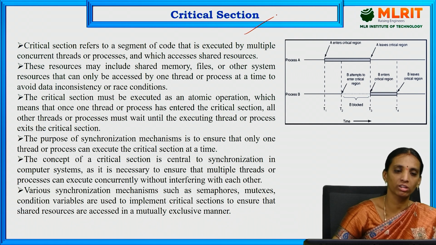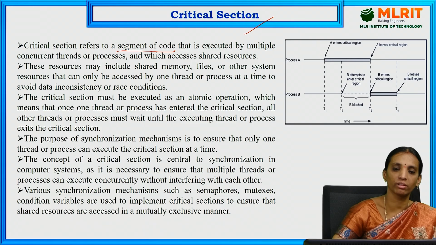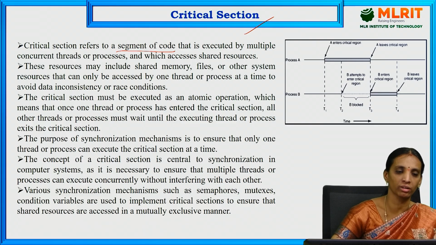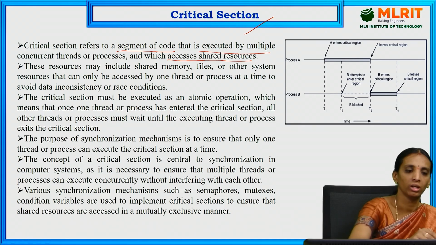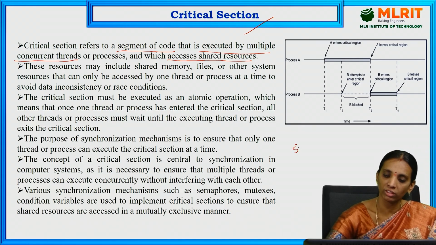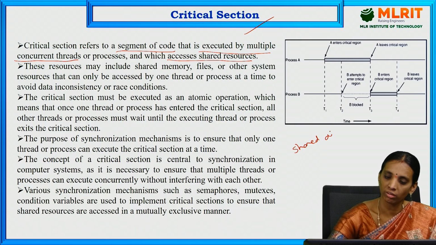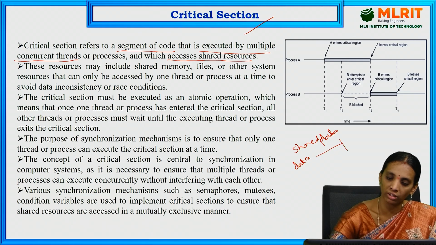Critical section refers to a segment of code that is executed by multiple concurrent threads or processes and which accesses shared resources. Shared data is nothing but the same variable or same data assigned for different processes.